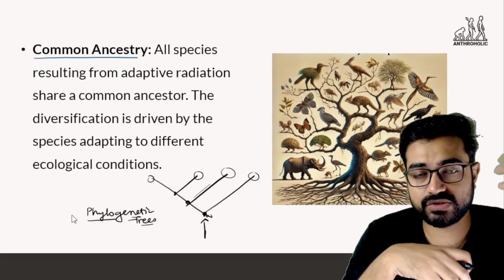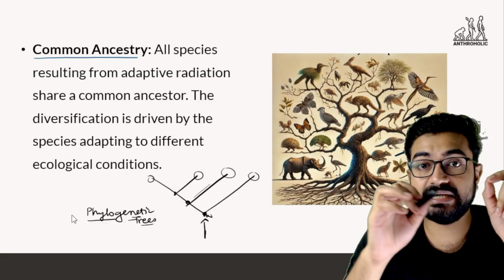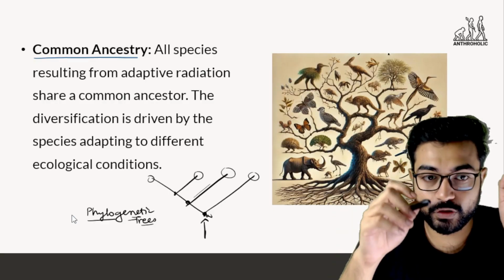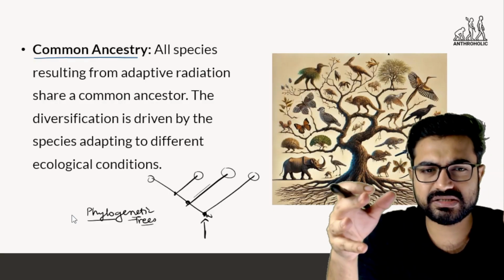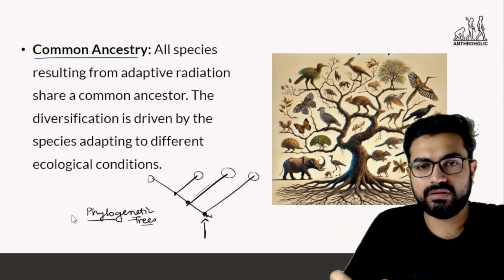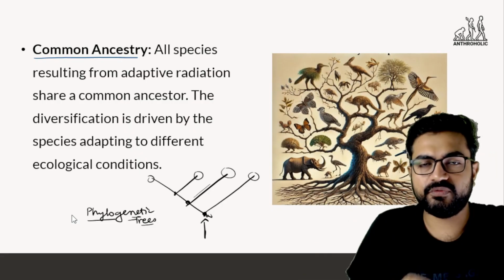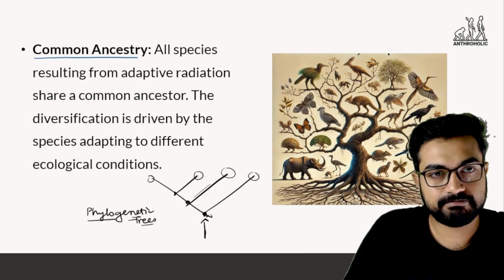It gives us an idea of evolution, basically a representation of evolution. We also try to denote it on a scale, like how many millions of years ago this thing happened, and this is how we depict the story of evolution in the form of a phylogenetic tree and the relationships between the organisms.